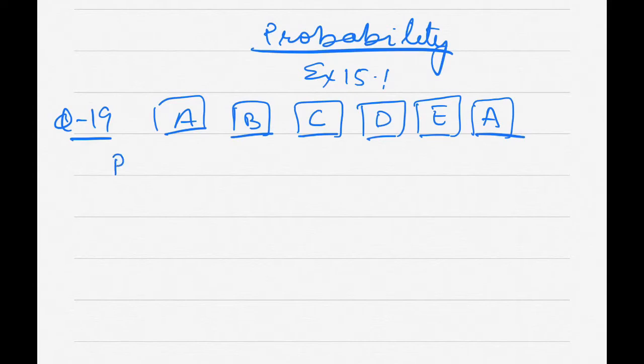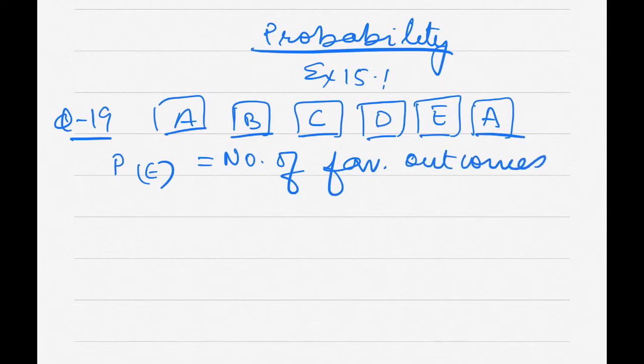So we can write down the formula first. The probability of an event E is equal to the number of favorable outcomes by the total number of outcomes.